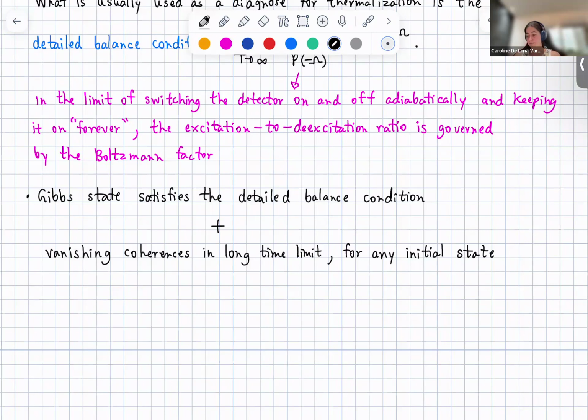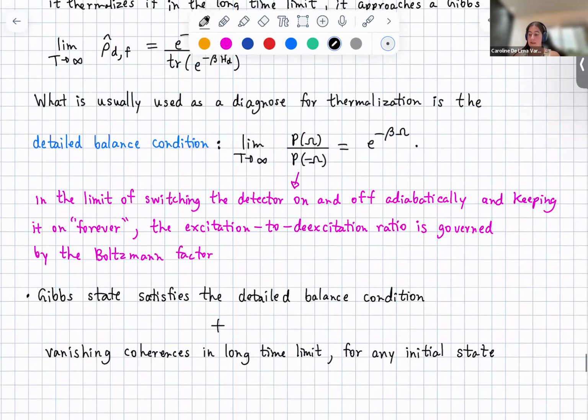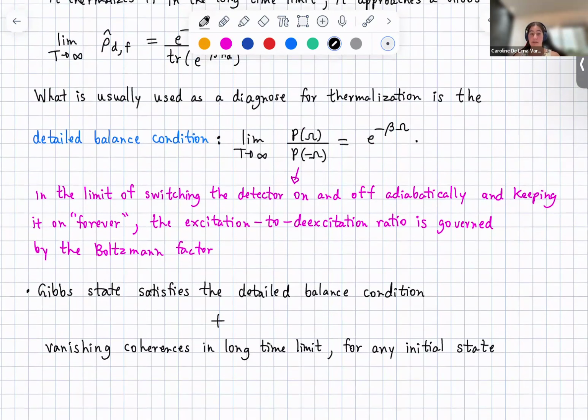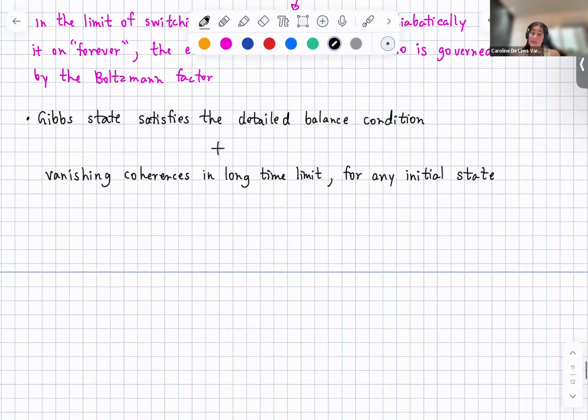So requiring this of the final state of the detector, in the limit of being adiabatically turned on and off and kept on forever, is a bit more restrictive than the detailed balance condition. But you're going to see in the literature that for detectors they basically only require the detailed balance condition, which is simpler to prove as well.